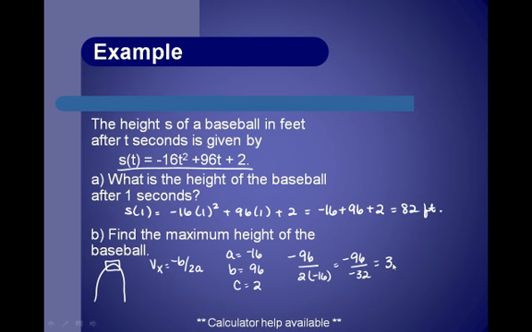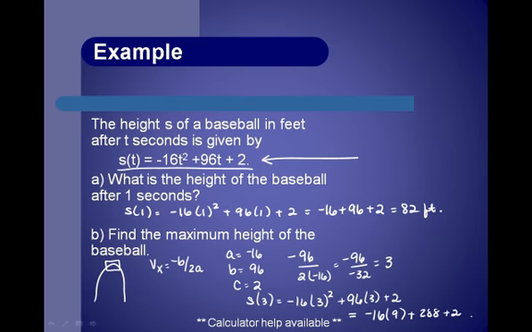So to find the maximum height, we're going to substitute it back into our maximum height formula. So we would get s of 3 equals negative 16 times 3 squared plus 96 times 3 plus 2, which would give us negative 16 times 9 plus 288 plus 2.